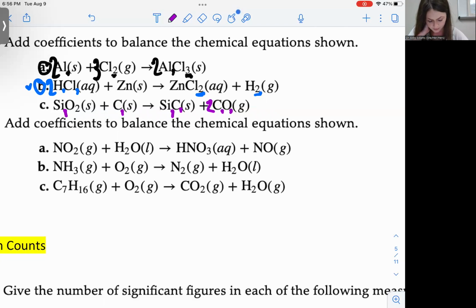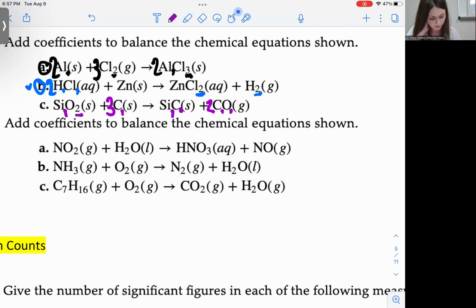That's an easy fix, right? 2 oxygens, 2 oxygens. Okay, but what did I do? Now I've made 2 carbons on this side, and I have 3 carbons. So now I'm going to have to increase this carbon over here. So I've got 3 carbons.